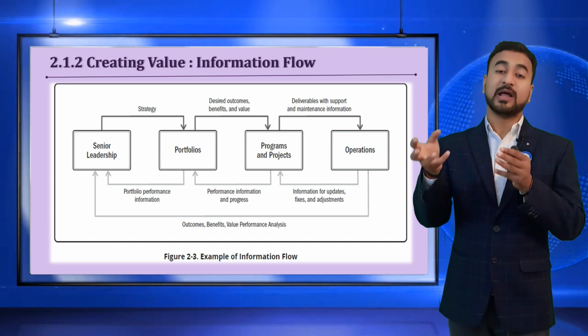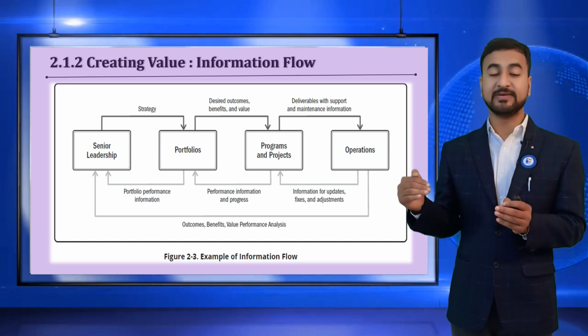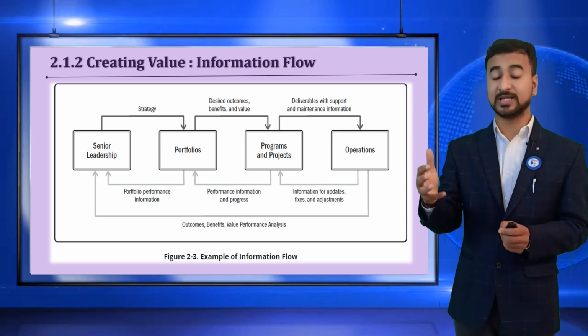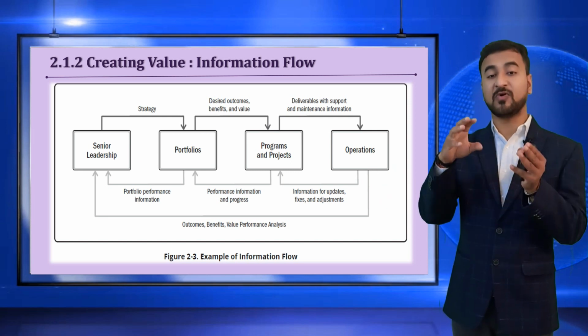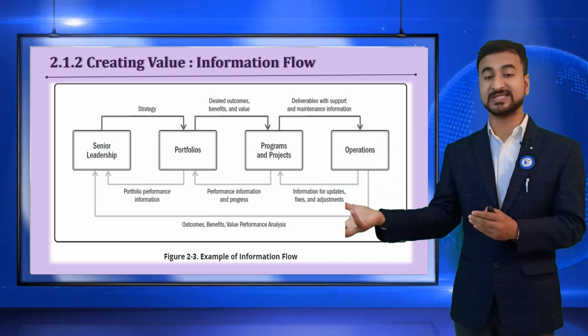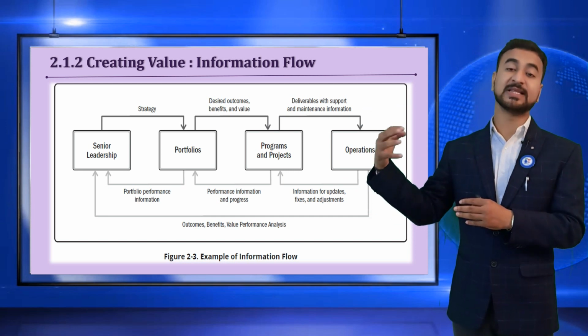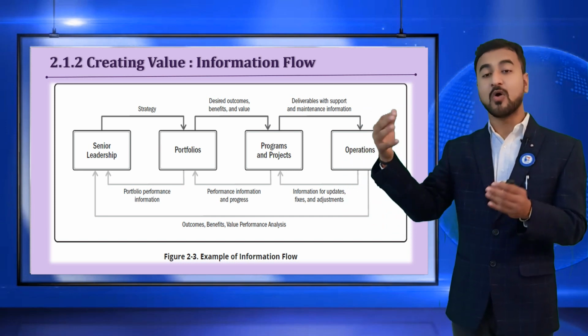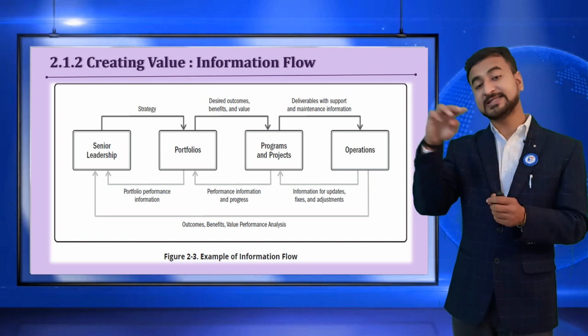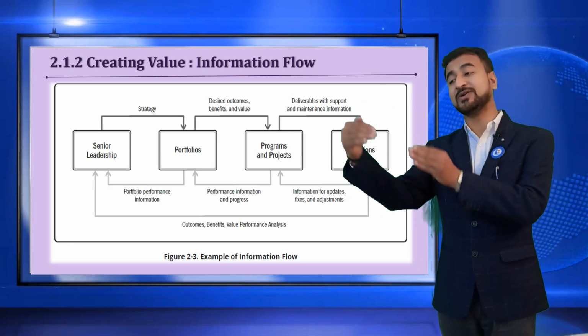The programs and projects focus on timely delivery within scope, time constraints and quality, so that they transform that new change initiative into business as usual, that is your operations. They transform the new product, service or initiative into operations, and then that becomes your organization's capabilities. So that is the information flow from the portfolio to the program to the project and to the operations.